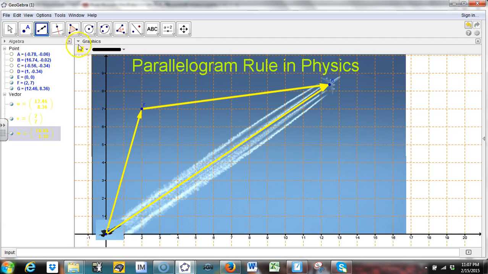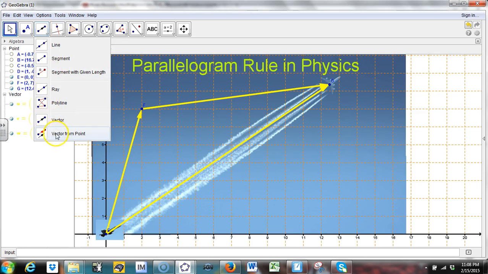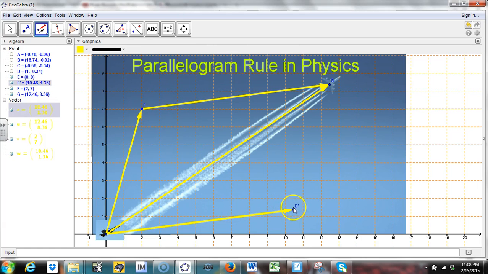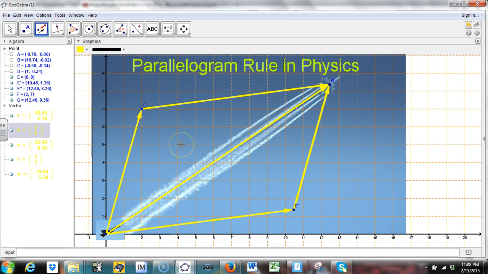The parallelogram rule says that it doesn't matter if the jet first takes off in this vector and then turns, or if it started in this direction and then turned and went in this vector's direction.